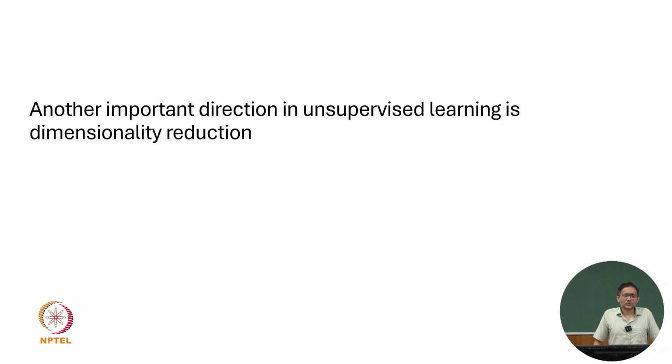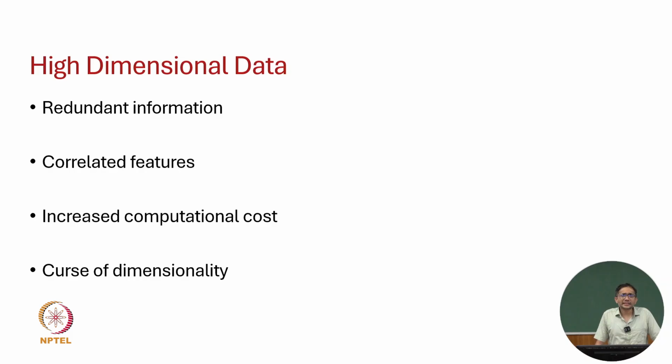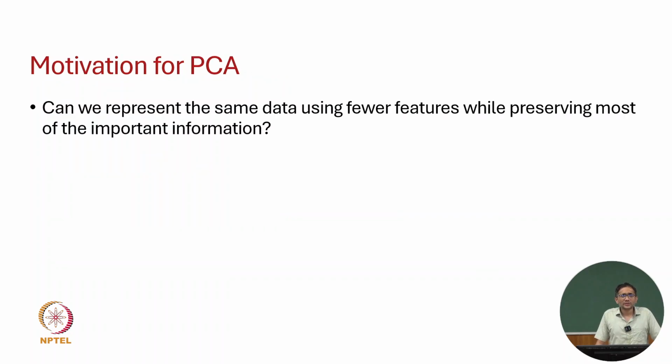Right now, of course, we're not talking about deep architectures, but this gives us an idea of how important dimensionality reduction is. High dimensional data often carries redundant information, correlated features, and comes with increased computational costs. So, one dimensionality reduction approach that's very popular is principal component analysis.